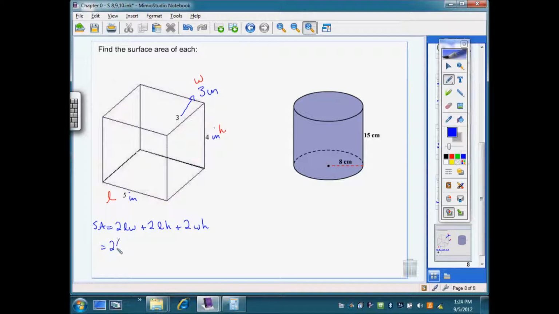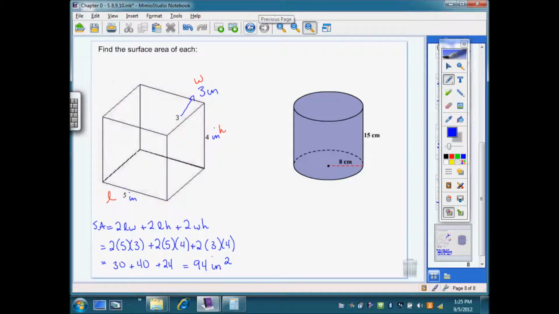So I'm going to do 2 times 5 times 3 plus 2 times 5 times 4 plus 2 times 3 times 4. So then this is 30, that's 40, and then this is 24. Right, because I get 10 times 3, 10 times 4, and 6 times 4. So 30 plus 40 is 70, plus 24 is 94 inches, and it's surface area.